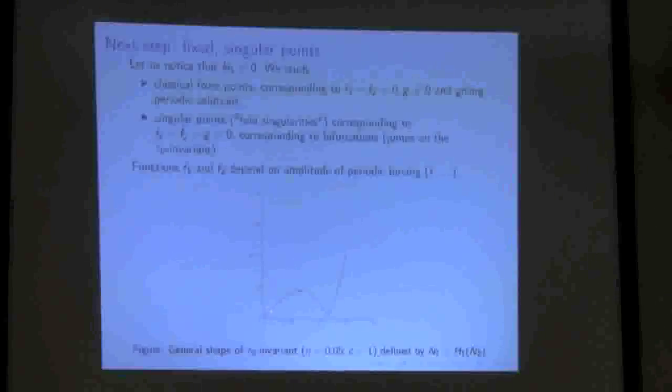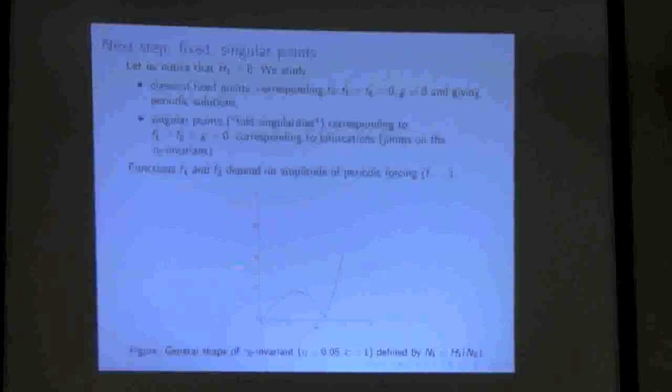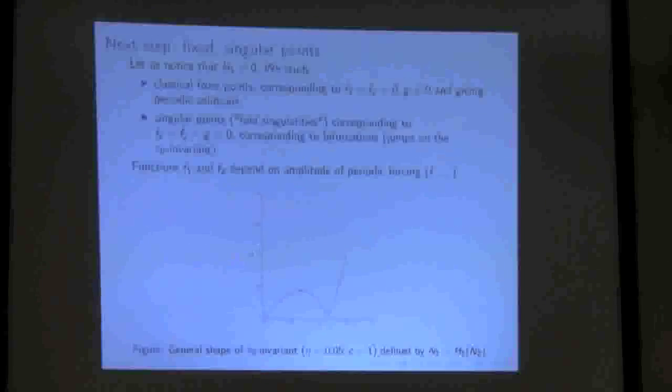Either I will find, for example, classical fixed points here at low level of n1. n1 is, in the polar form, in fact associated to, let us say, the amplitude of oscillations of the main mass. So if you have a fixed point here, it means for application that it is a periodic solution, oscillations of low amplitude.